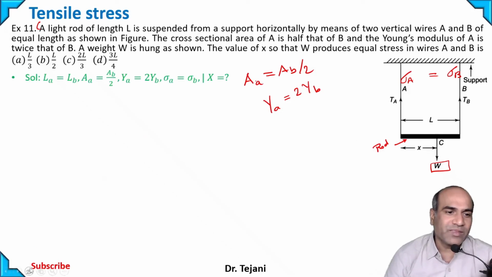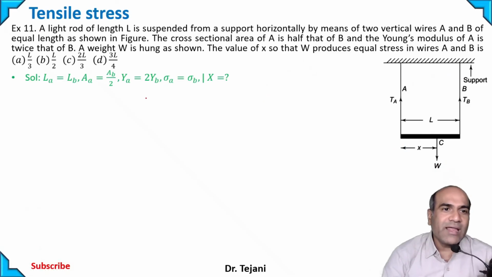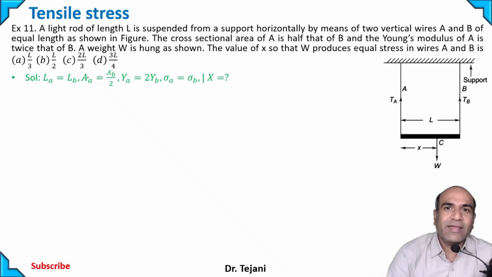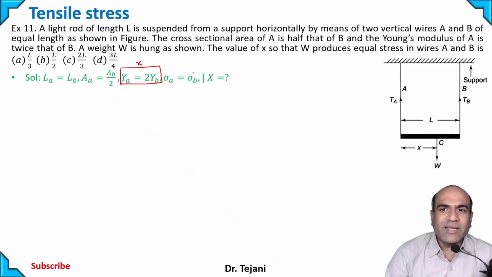Good question. So here LA is equal to LB, AA is equal to AB by 2, that we already derived. What are YA and YB? Don't worry at all. Here it is mentioned sigma A must be equal to sigma B, as it produces equal stress. That means sigma A is equal to sigma B. What is sigma?